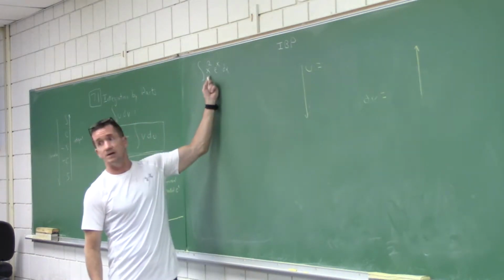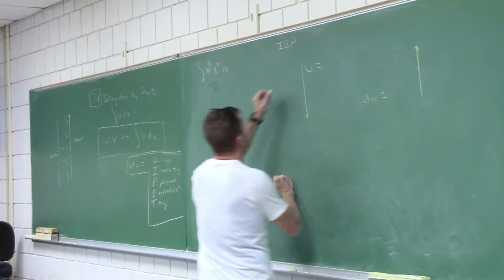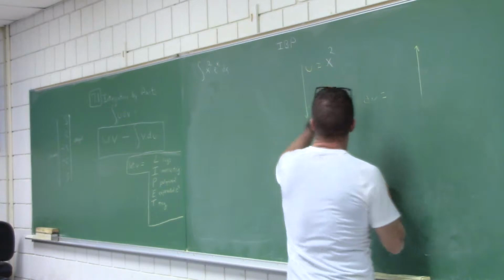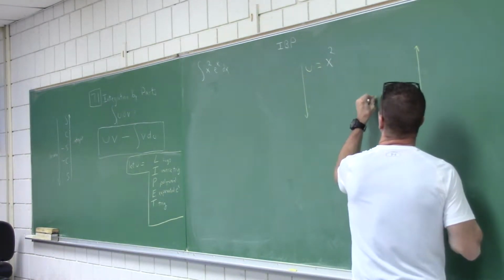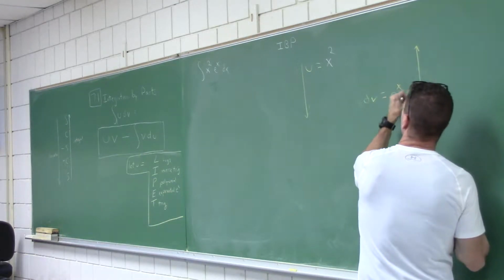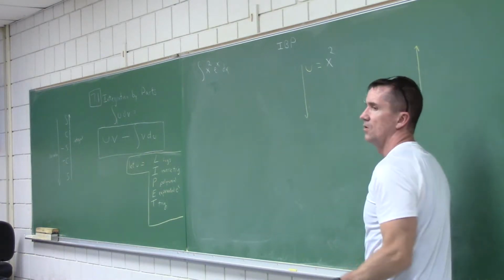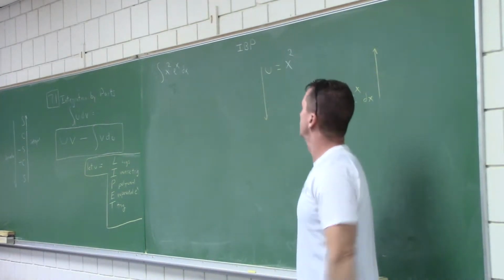The polynomial is the x squared, right? In order of preference, I'm going to let u equal x squared. So the dv is e to the x dx. So, everyone okay with my setup so far?